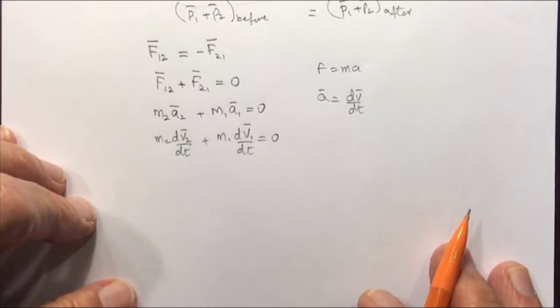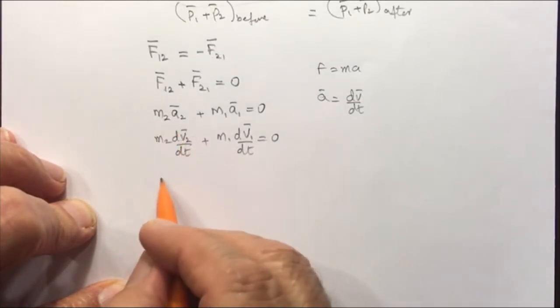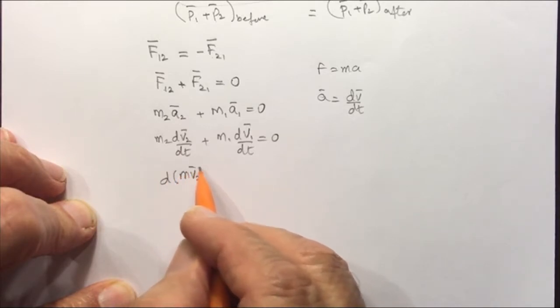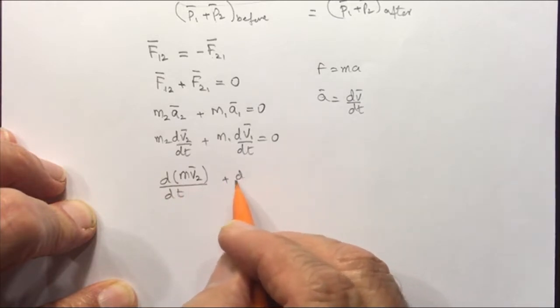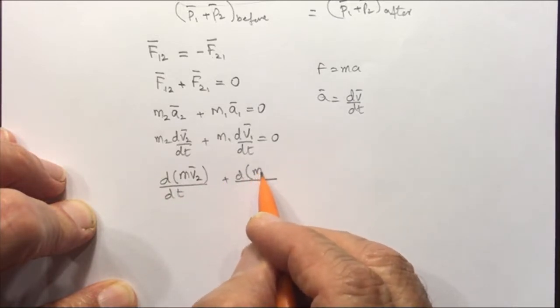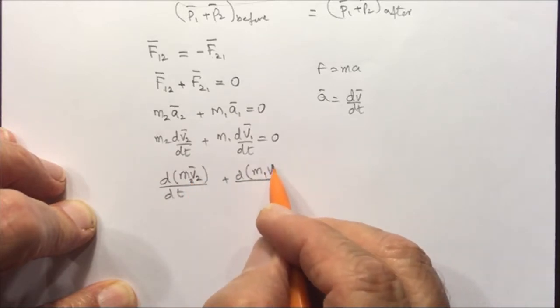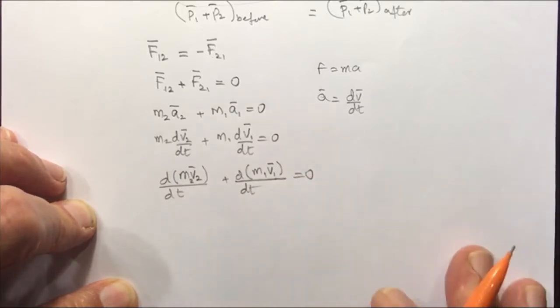Because mass is constant, it can go inside the derivative. We can write it as d of m2v2 over dt plus d of m1v1 over dt equals 0.